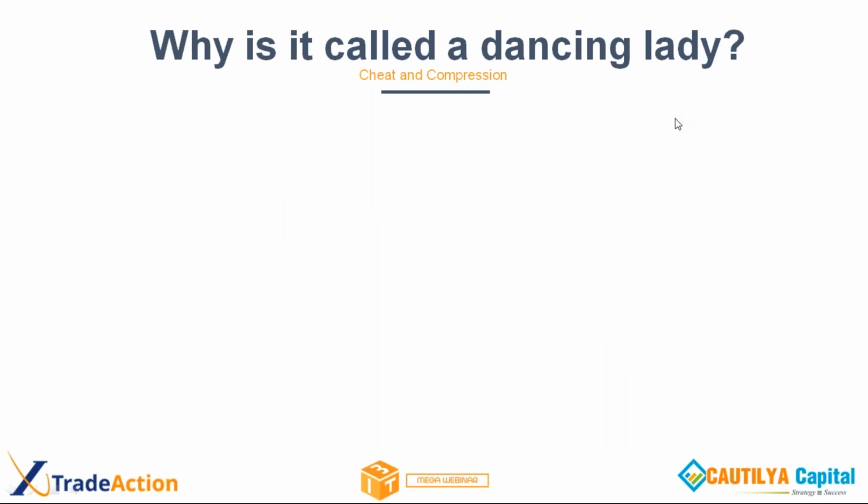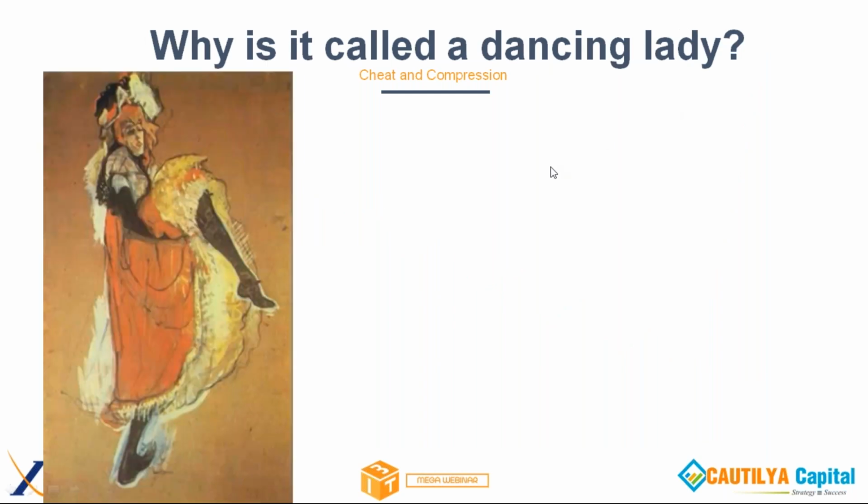Here is the background. Why is it called a dancing lady? Can you see this lady dancing? This is called a French cabaret. In this kind of dance, generally this frock is fully covering her legs, so you might not even see her leg. You are seeing her leg here because she has lifted her frock up, or else this leg is also covered.